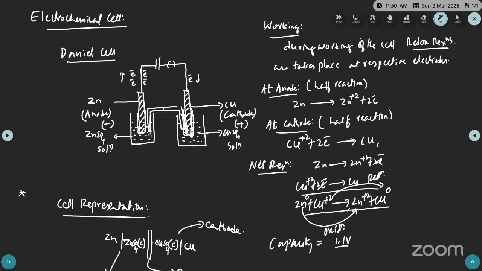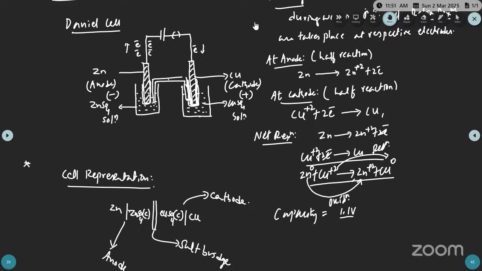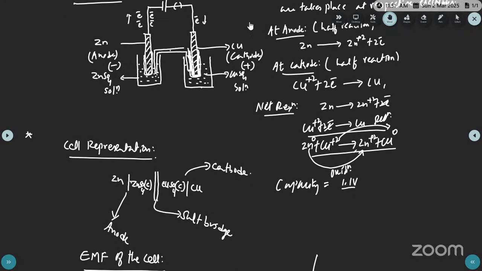The capacity of the Daniell cell is 1.1 volts. And next write the cell representation.